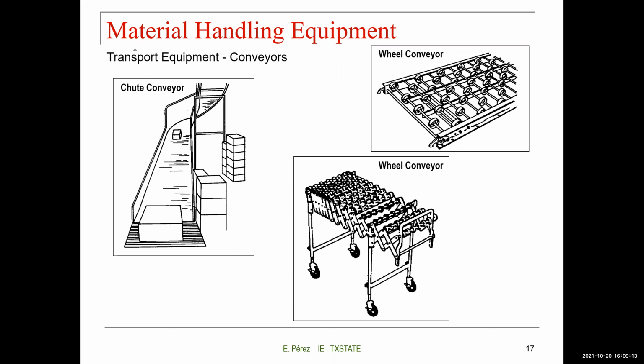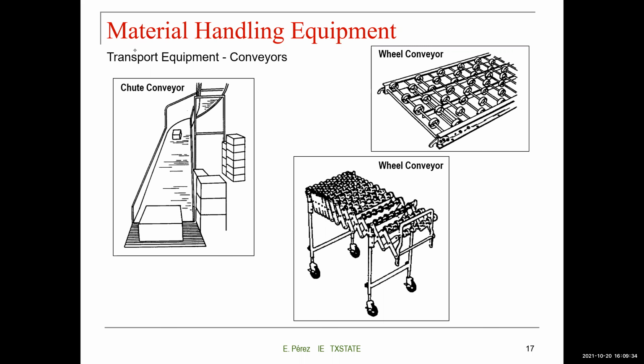So wheel conveyors are pretty common. They provide flexibility, in that you can store them and then open them when needed. With wheel conveyors, the idea is that you have those wheels, and when you push the items, they will move fast. So you need a person to help you move those through the conveyor.